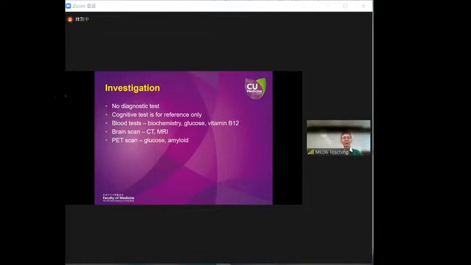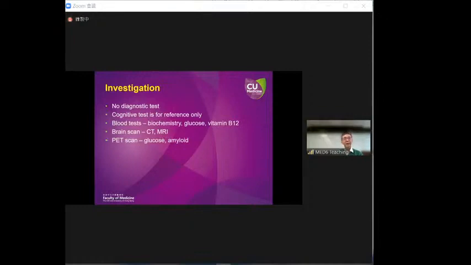And that's why MRI is better. Volumetric MRI will give you an indication of atrophy of specific brain regions, for example, hippocampal atrophy, and it can give you an accurate estimation of the extent of small vessel disease.